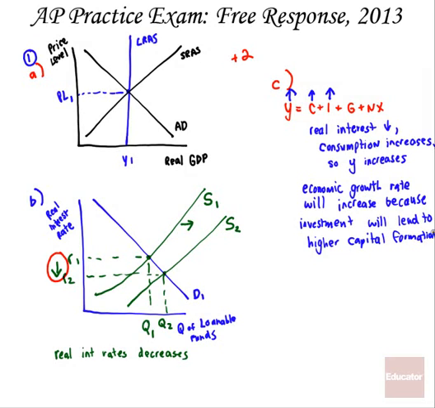So if you get this right, you get 2 points for this particular problem. So understanding the connection between real interest rates, interest-sensitive expenditures, and what happens as a result to real GDP. Okay, so that's 6 points so far here.